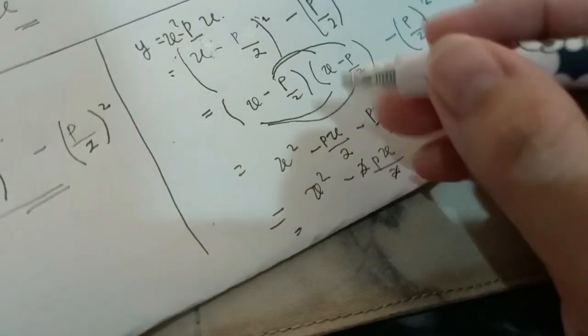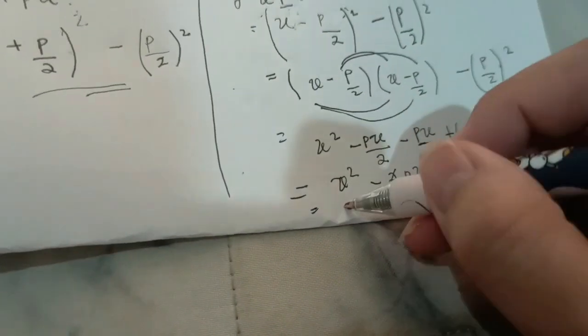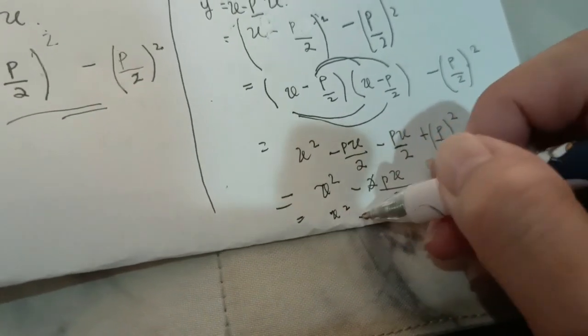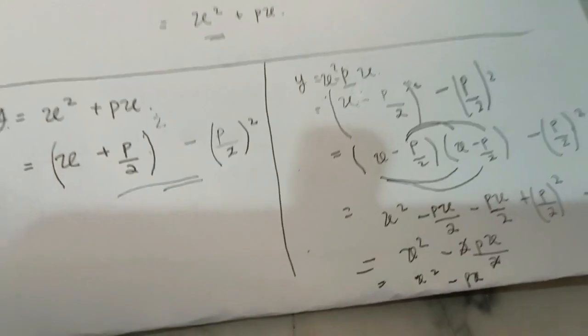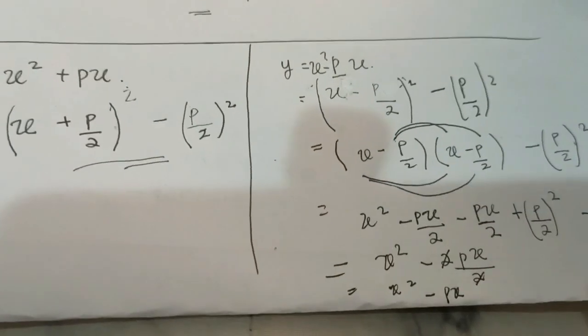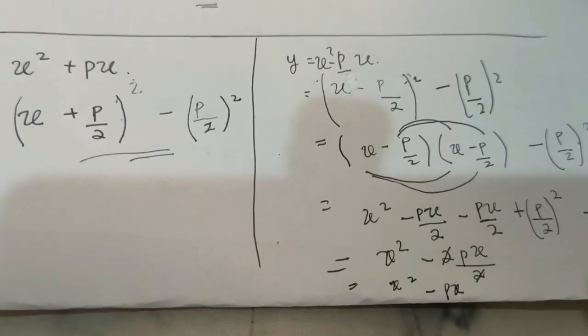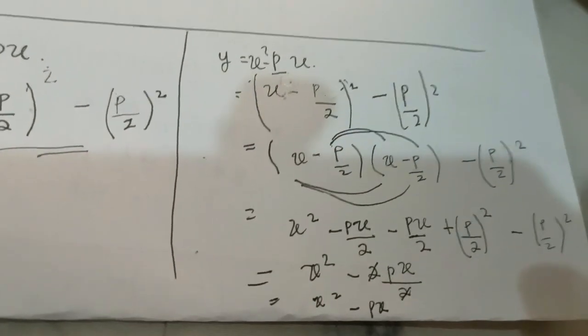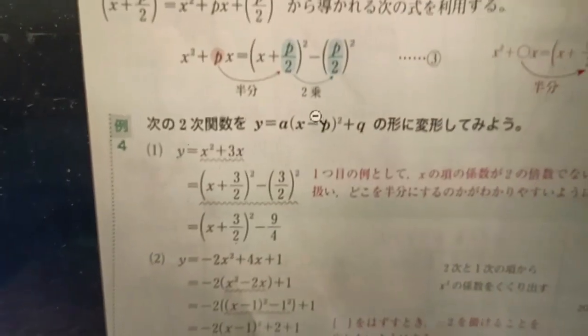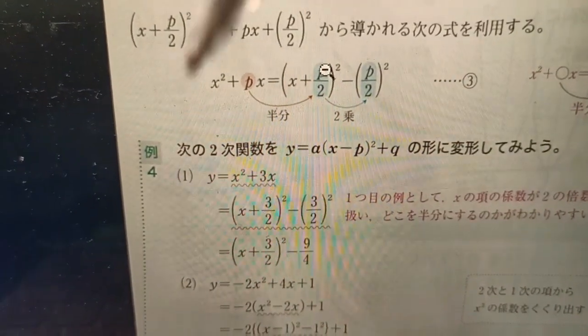So this is the leftover x quadrat minus px. This is the long way. So you understand why we have to divide it with 2, because we search it like this. Okay, now we are going to change this one.